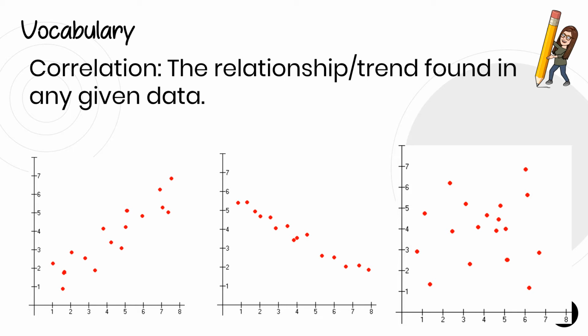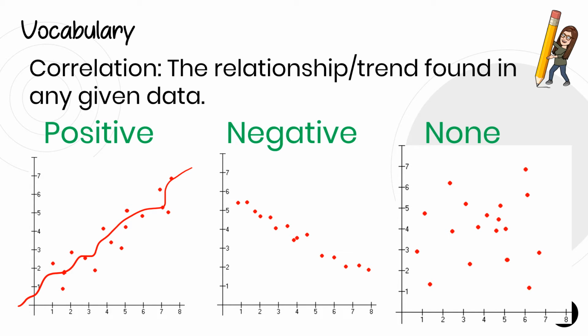If I tried to say in general what's happening here, we would say it's positive correlation. Versus this graph, if I was to try and sort of connect them or talk about them, the data is trending down. So we would say it's a negative correlation. And if there's no trend, if dots are just everywhere and they make no sense, we can say there's no correlation.